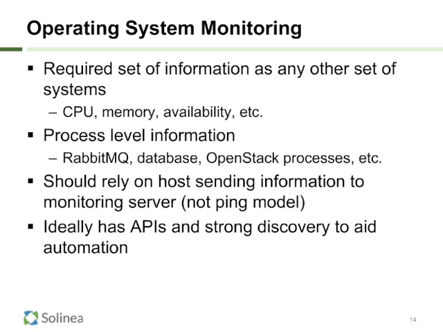In addition, we do need to step up a bit. Because we actually know what processes need to be running, we need to make sure that we're pulling process-level information and process-level availability. And that's from everything from the infrastructure pieces of OpenStack, like RabbitMQ and databases, all the way to the custom pieces of OpenStack processes, like I showed you on the third slide here, where all the processes are there.